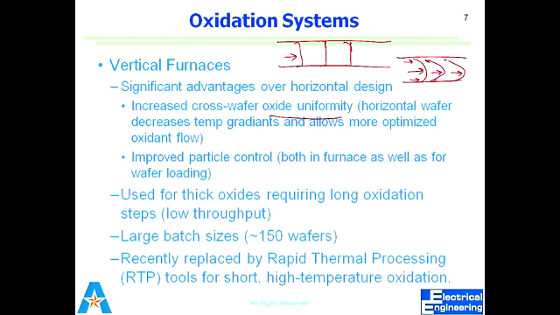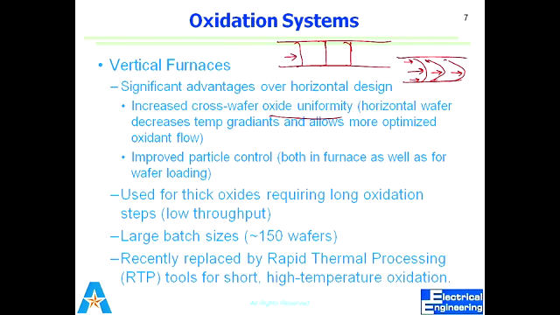So they put a large batch of wafers inside, because if you're putting one wafer or if you're putting 100 wafers, it will take the same time to grow a specific amount of oxide on the surface. So that's why, due to the low throughput, we always deal with large batches for the vertical furnace.